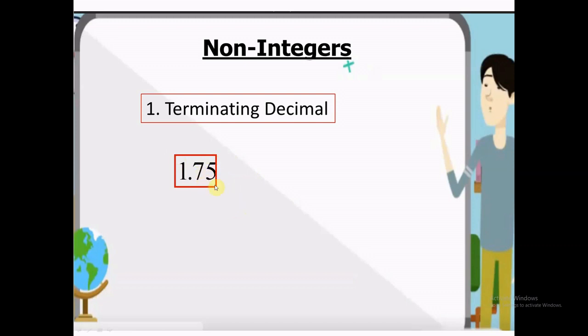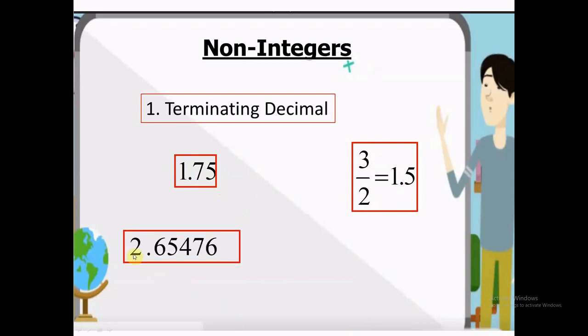It terminates. So let's say the fraction 3/2. So in decimal form, it is 1.5, right? So it stops there, 1.5. It terminates there. Let's say this number 2.65476. It stops at 6 here.